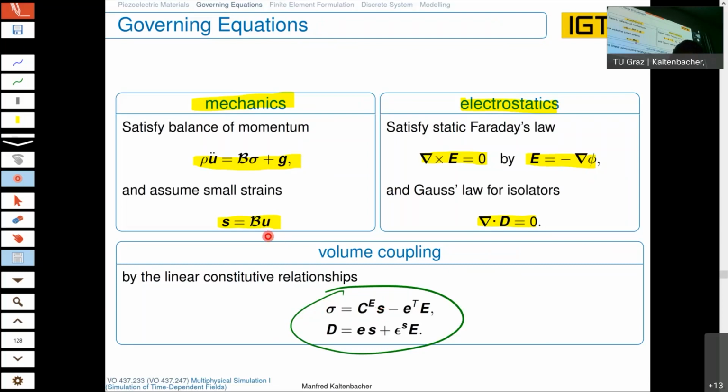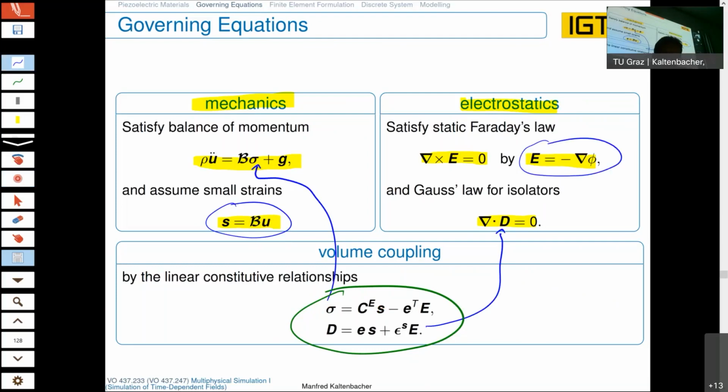And for S, we can substitute B u. So you see that this is put in here, and what we have here we put in here. And in addition, we exploit the strain displacement relation and the electric field scalar potential relation.